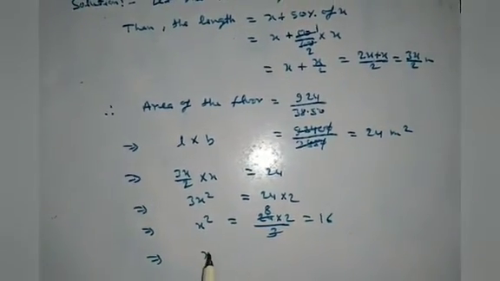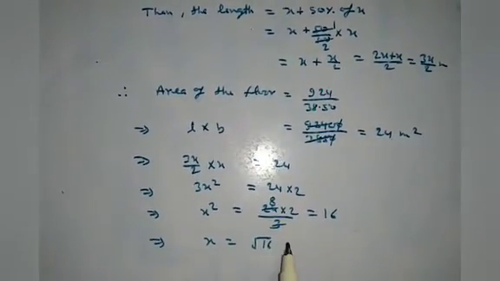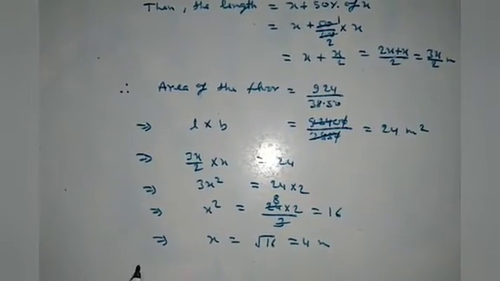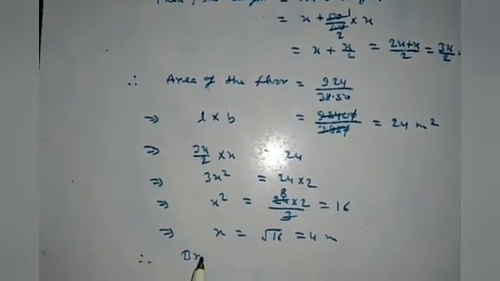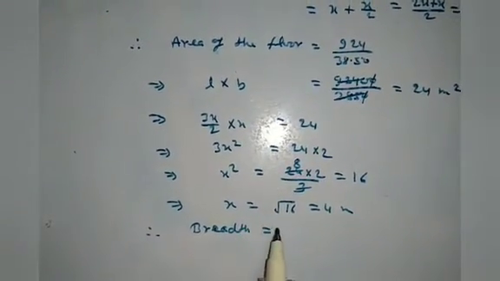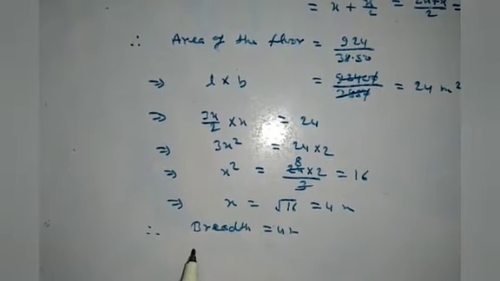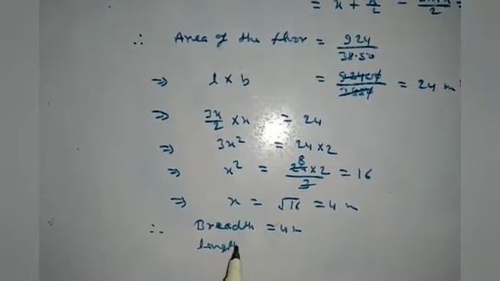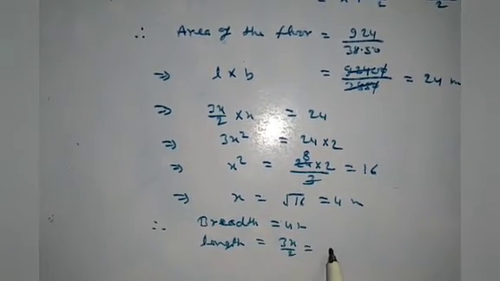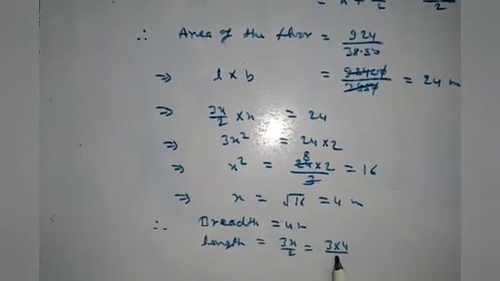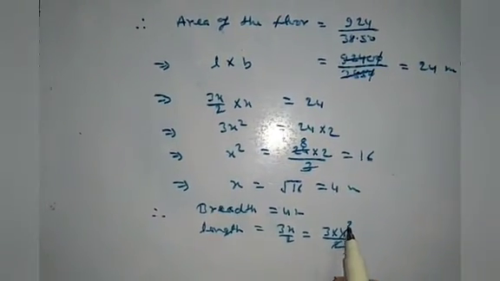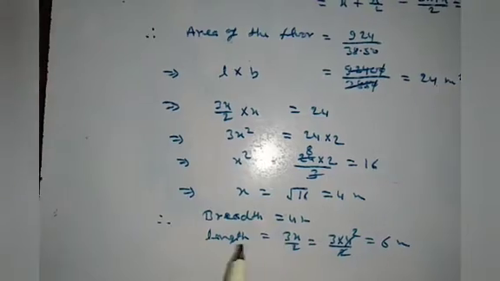So x is equal to under root 16 equal to 4 meter. So breadth is equal to 4 meter and length is equal to 3x by 2 equal to 3 into 4 by 2, equal to 6 meter.